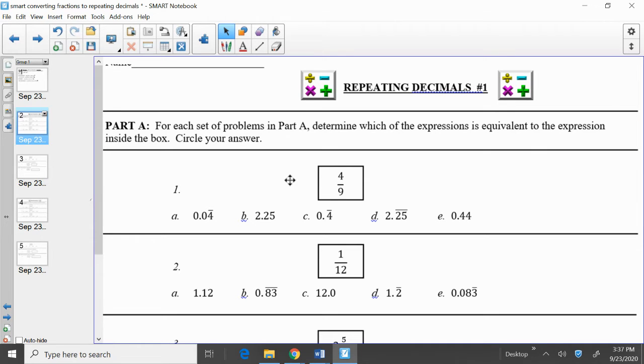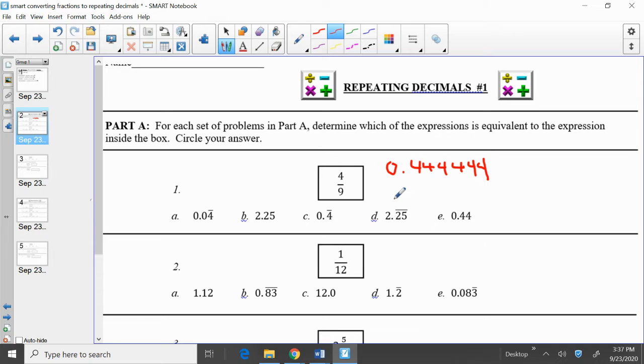And when I divide 4 divided by 9, this is what comes up: 0.444444, and on and on and on.